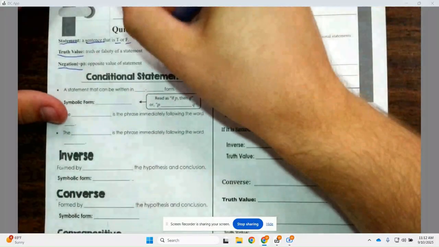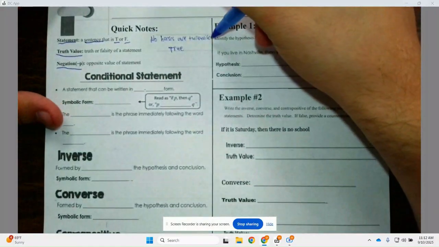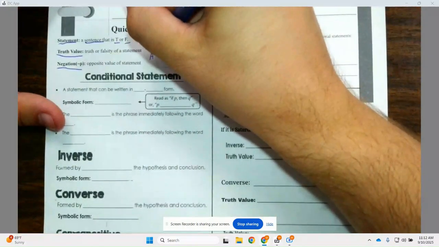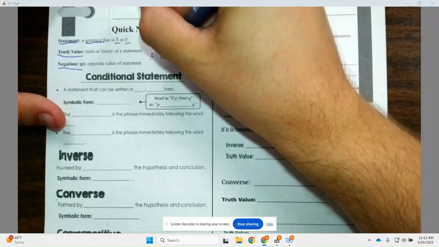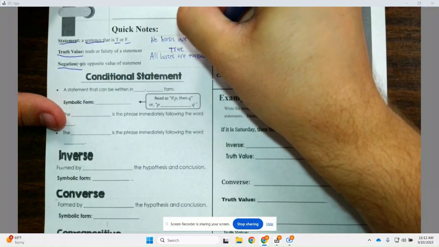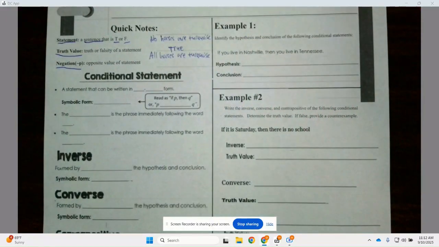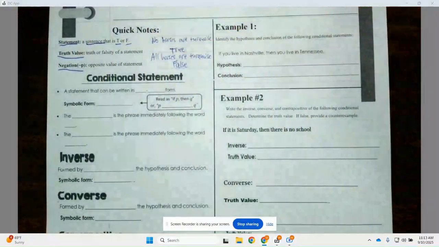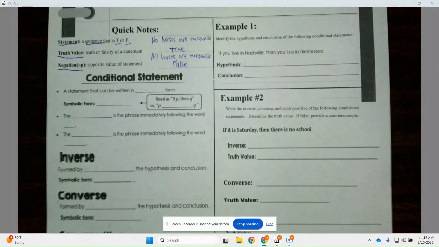So, for example, the negation of no horses are turquoise is, instead of none of them, all of them: all horses are turquoise. And in this instance, this would be false. We've done the opposite value. Instead of true, now it's false.